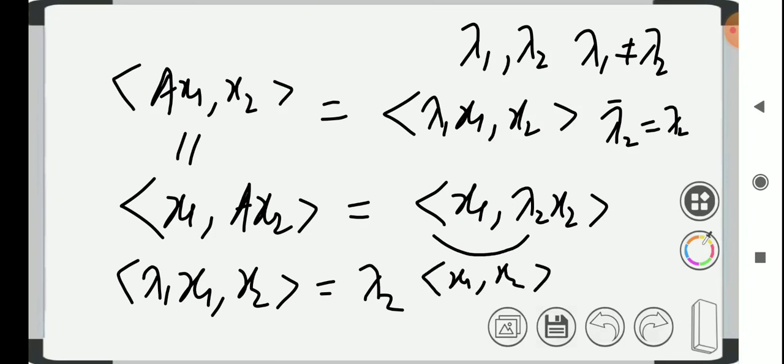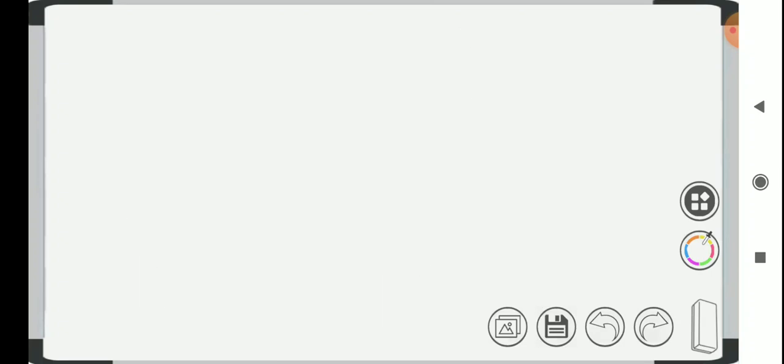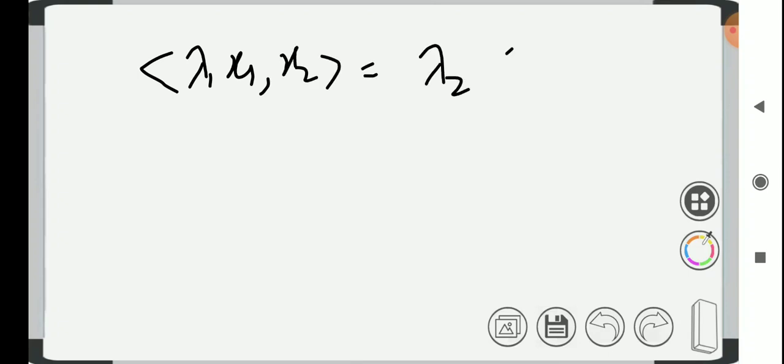And also from the first term in this equality, lambda 1 can be brought out without conjugate because it is linear. So let us write it here, lambda 1 x1 x2 minus lambda 2 x1 x2.